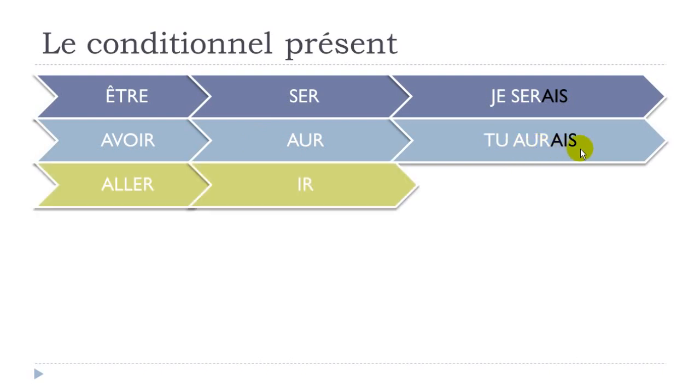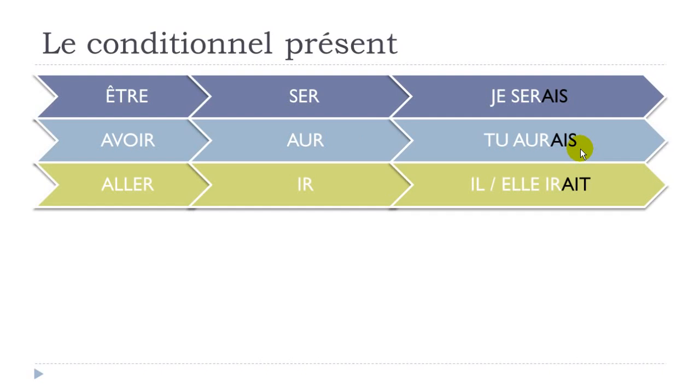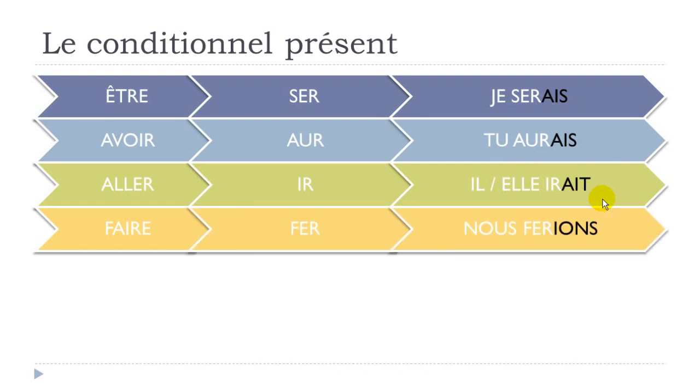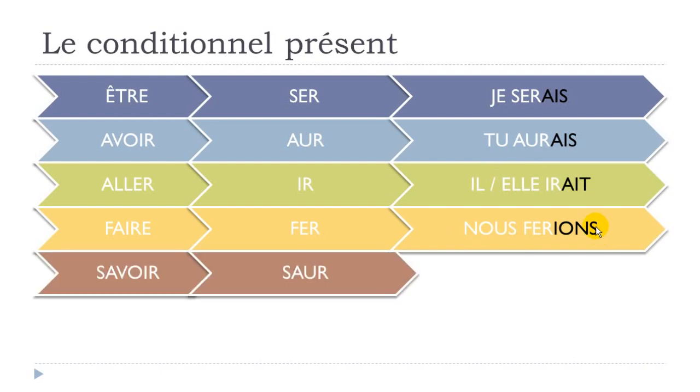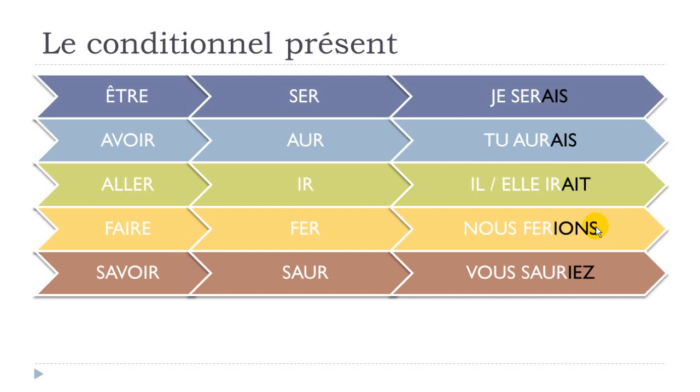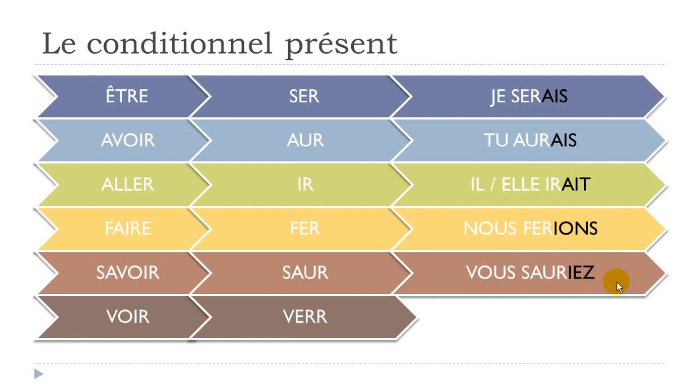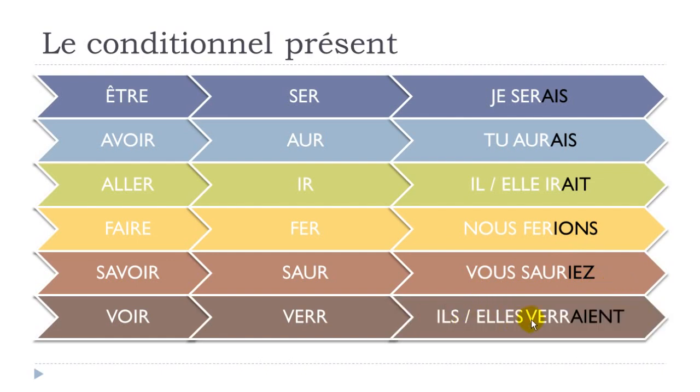Aller will become ir. And you'll get il irait, elle irait. Faire will become fer. Nous ferions. Savoir will become saur. Vous sauriez. Voir will become verr. Il verrait, elle verrait.